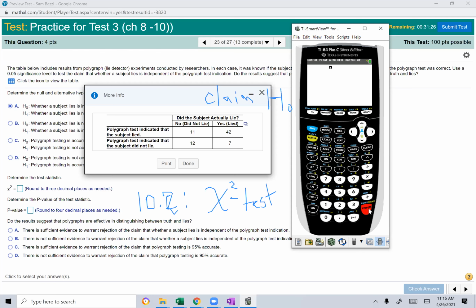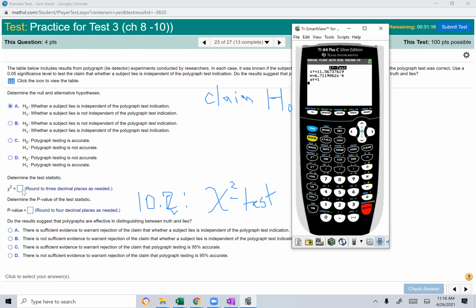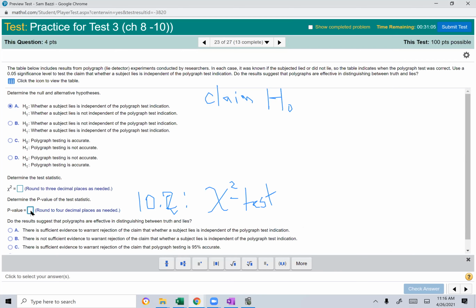And here you go, guys. Chi-square. Let me bring the calculator back. Chi-square is 11 point, how many decimals? 3, 5, 6, 7. P-value, guys, is 0. Look, don't ignore the E. It's 0.0007. So 4 decimal places will be 0.0007.